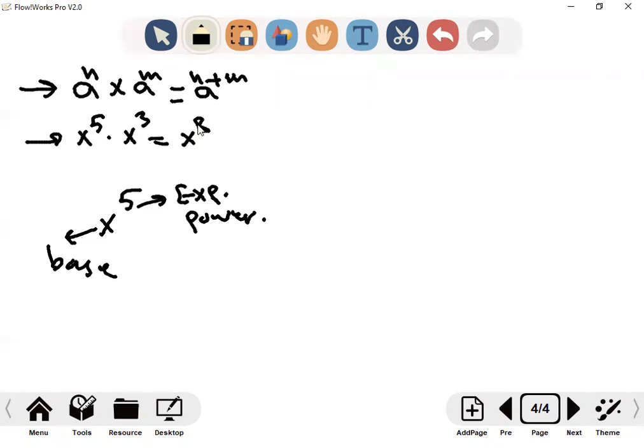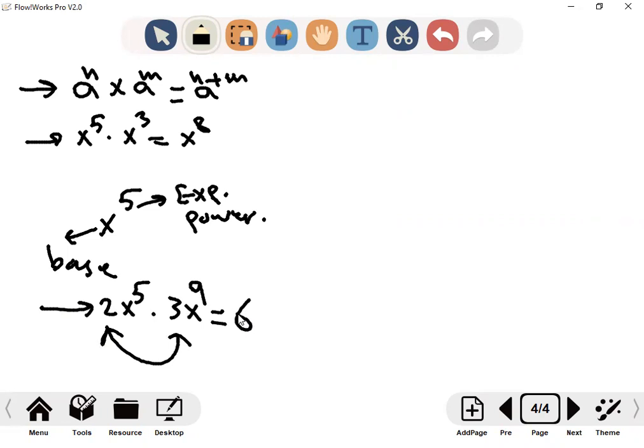Simple as that, okay? If you multiply 2x power 5 by 3x power 9, you multiply the number with the number, normally 6. Now x power 5 multiply x power 9, you have the same base, right? You add the exponent, x power 14.